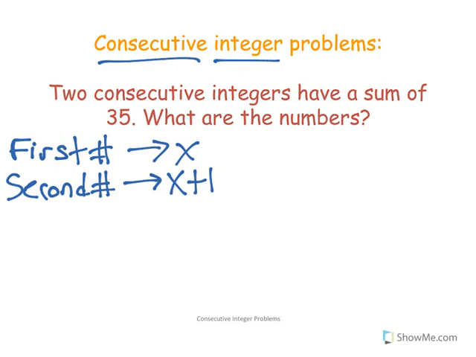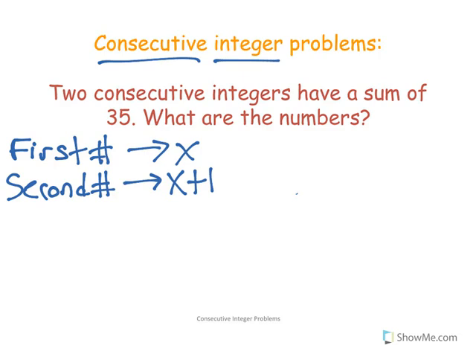Now, we're going to do lots of different types of problems. They're not all going to be consecutive integer problems. But when we're working with consecutive integers, we're going to say x and x plus 1. An alternative would be to make the bigger one x. Well, the smaller one is going to be 1 smaller, so we'd have to call that x minus 1.